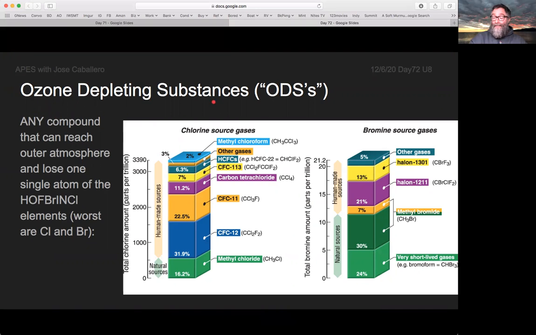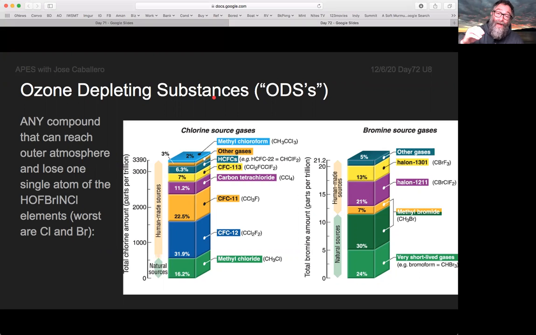So ozone depleting substances, you should have a list from the beginning of our unit, on a question in single digits, something in assignment 8.1. Since you already made that list, I won't force it now, or you could copy it again off this screen, that's fine. But ozone depleters are any chemical compound that can get to the outer atmosphere.